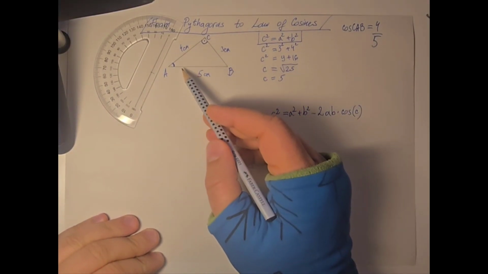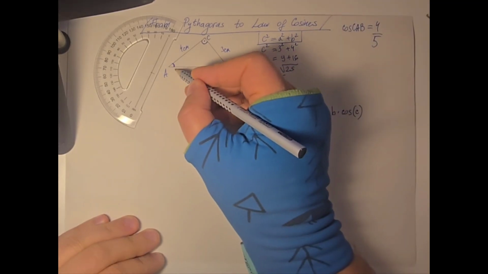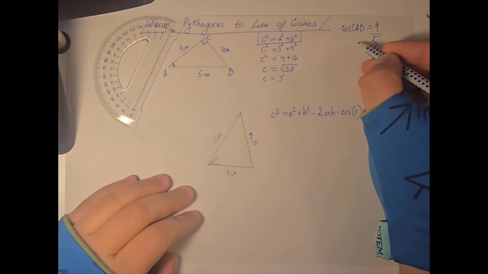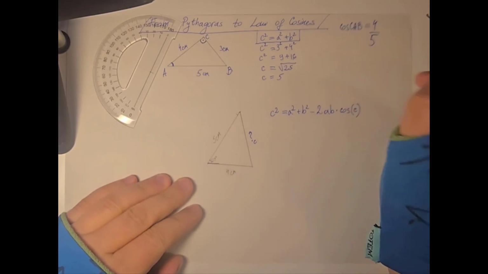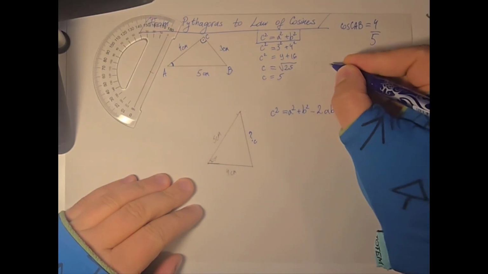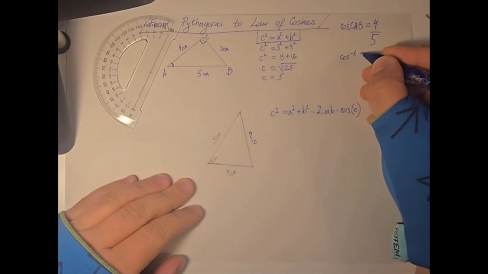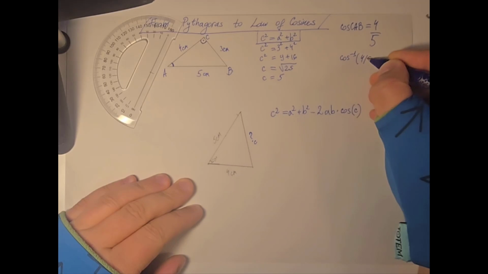In order to get the size of the angle from the cosine, we should take the arc cosine, or the inverse function, which is in general written as cosine to the power of -1. This way we know it's the inverse, and out of 4 divided by 5.